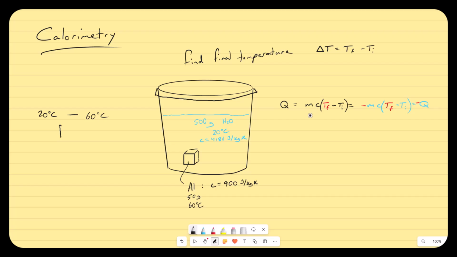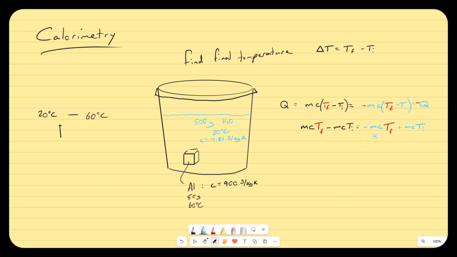I'm going to distribute the MC through, so I'm going to get a mass times C times T final minus a mass times C times T initial equals, I'm going to have a negative MC T final, and a minus makes a plus, so plus MC T initial. I'm using the different colors just to avoid throwing subscripts on everything, but the black is for the aluminum, the blue is for the water.